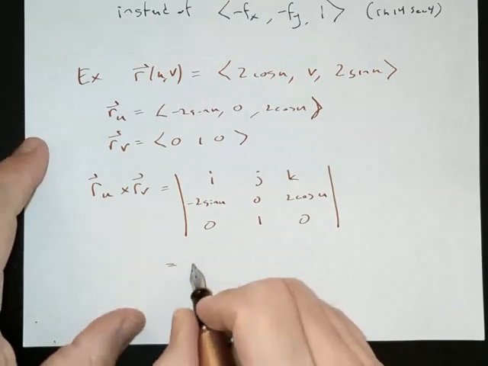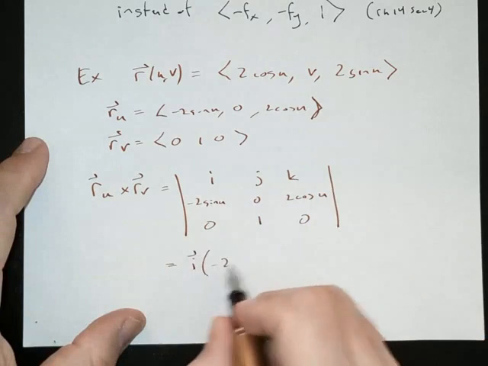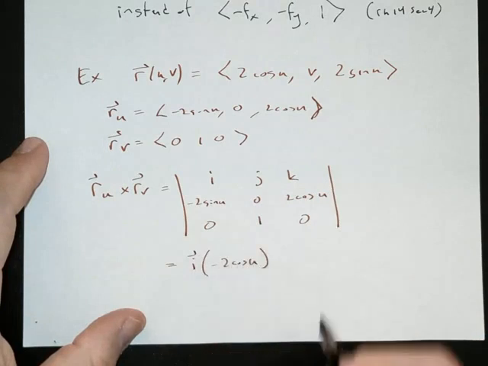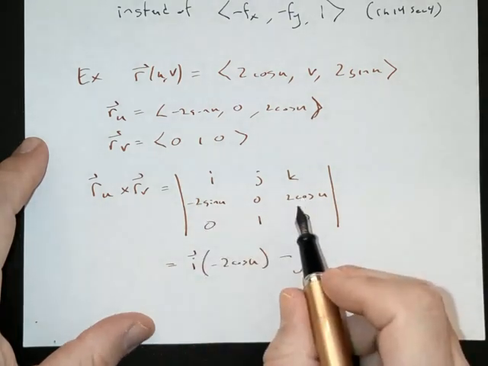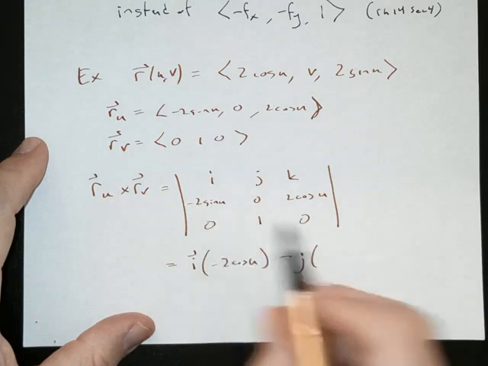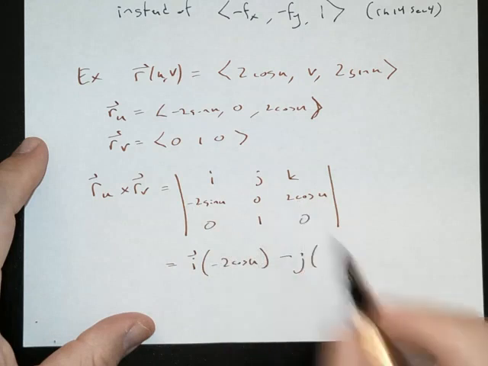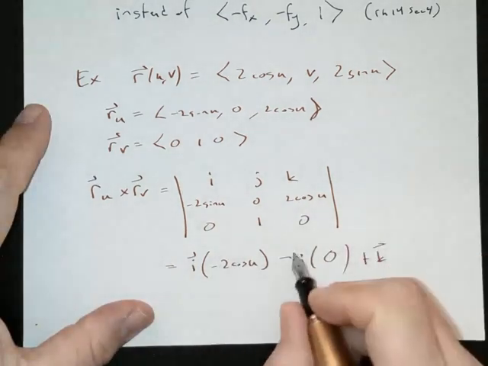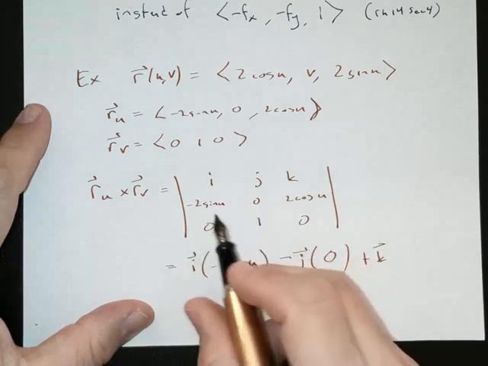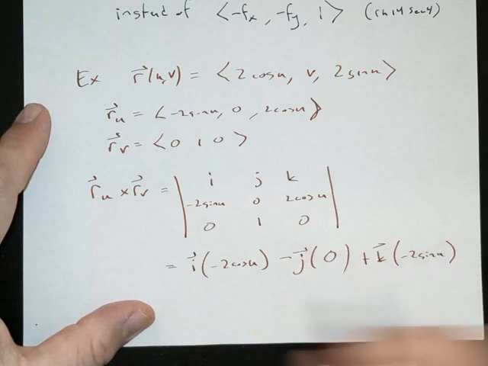When I do, I get these four, so that's 0 minus 2 cosine u, minus j times these two. So I get 0, 0. That's convenient. Then I do k, and I get these two minus those two, so that's minus 2 sine u minus 0.